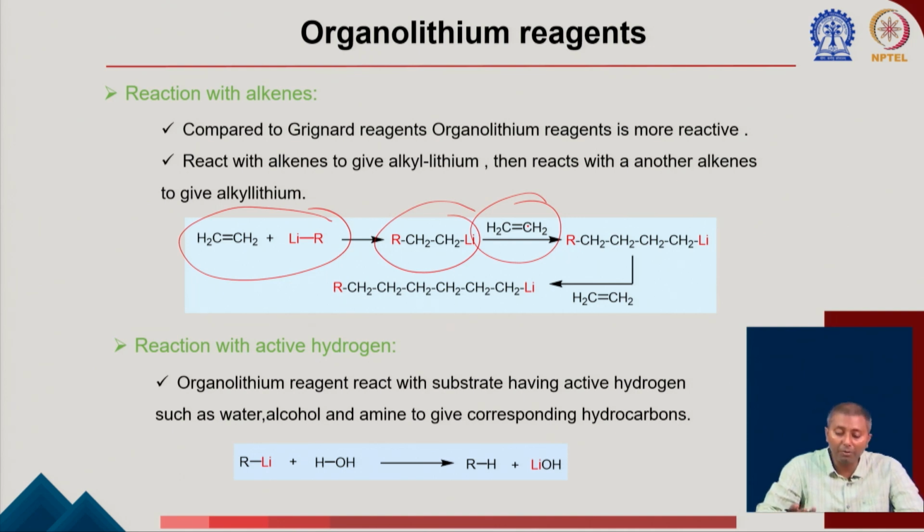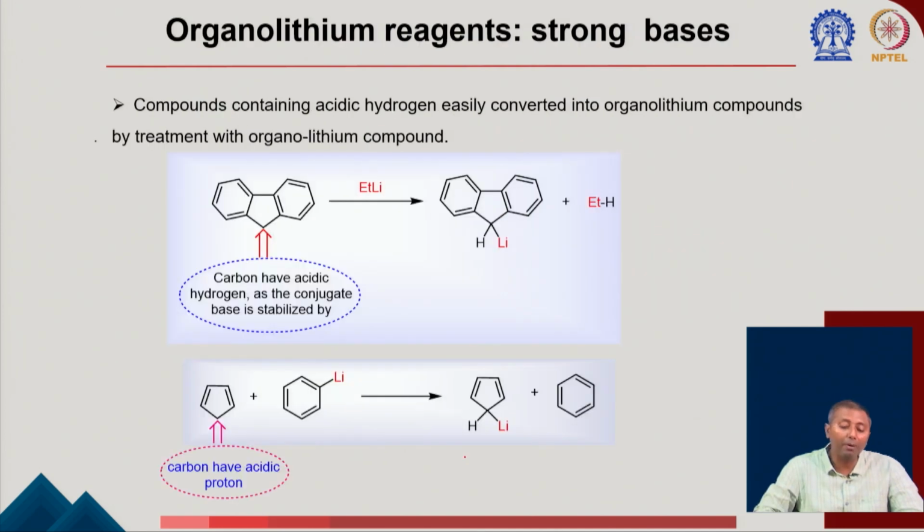And of course, if you have water in the medium, or alcohol or amine, if you have some proton in the medium which can be abstracted, then the lithium is going to abstract that first to generate the corresponding alkane. Again, if you have a compound with these active hydrogens, which are acidic here, these are very strong bases, and here there is no group to attack.